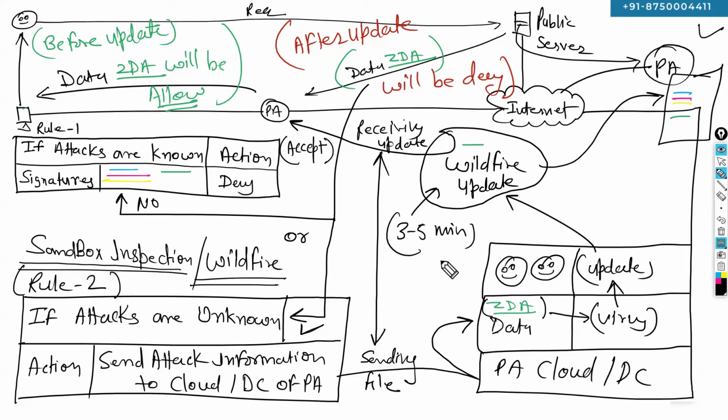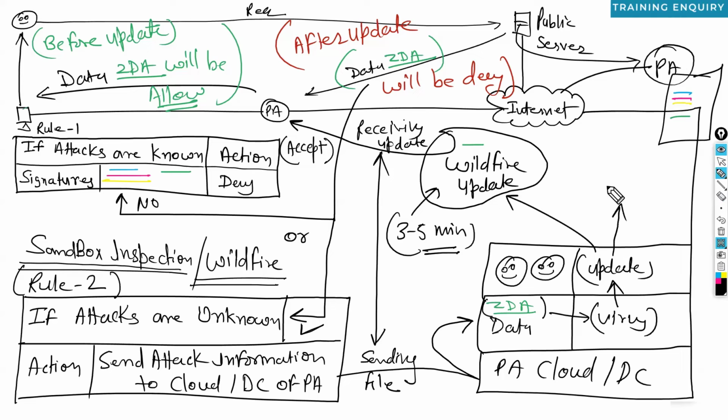And the WildFire update will come after every 3 to 5 minutes. Got it? So those firewalls or customers who have a WildFire subscription will get updates after every 3 to 5 minutes. But assume you are a company and you have not purchased the WildFire subscription. Then what will happen to them? Don't worry.